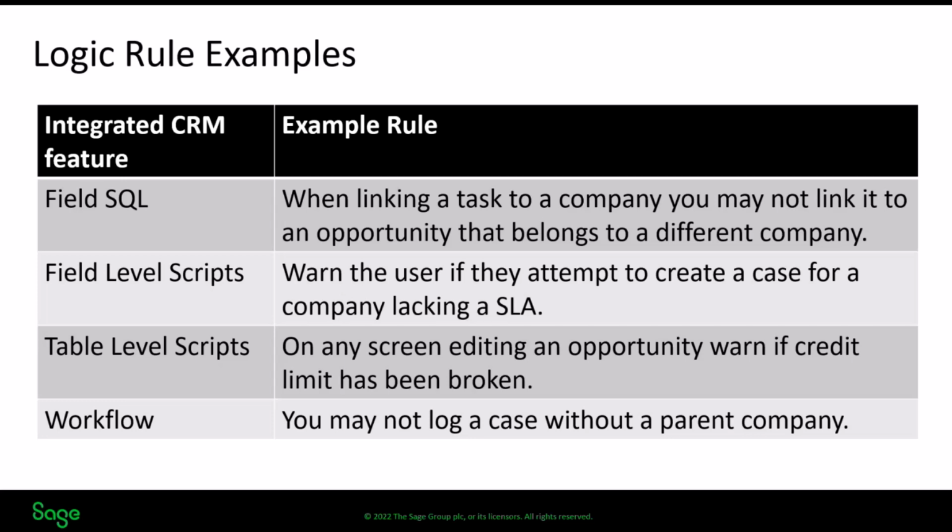Sage CRM has very strong tools to do logic. For example, a field level script can be used to say, if the user attempts to create a case for a company lacking a service level agreement, warn them or even prevent them, because that could be an absolute, you can't do this.